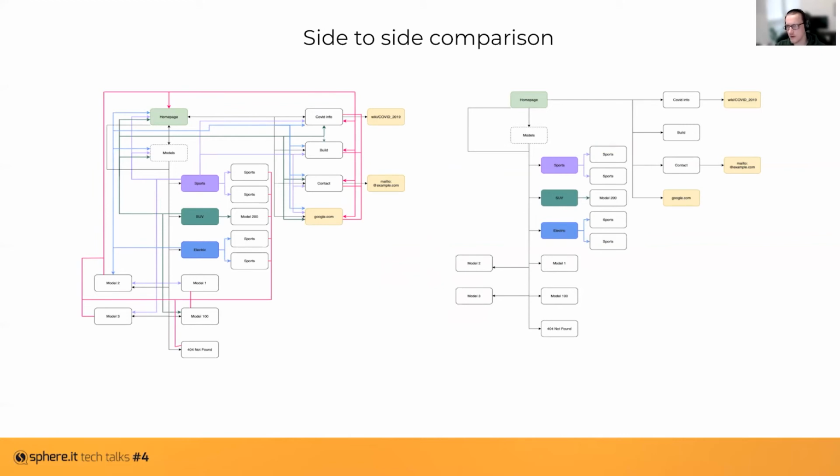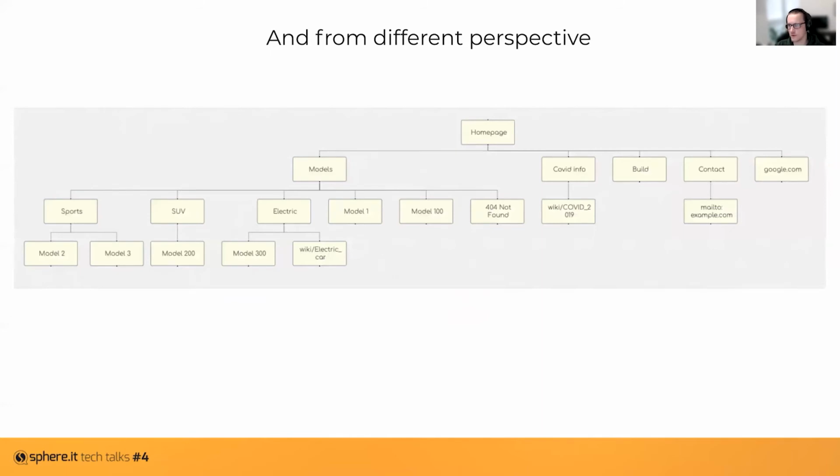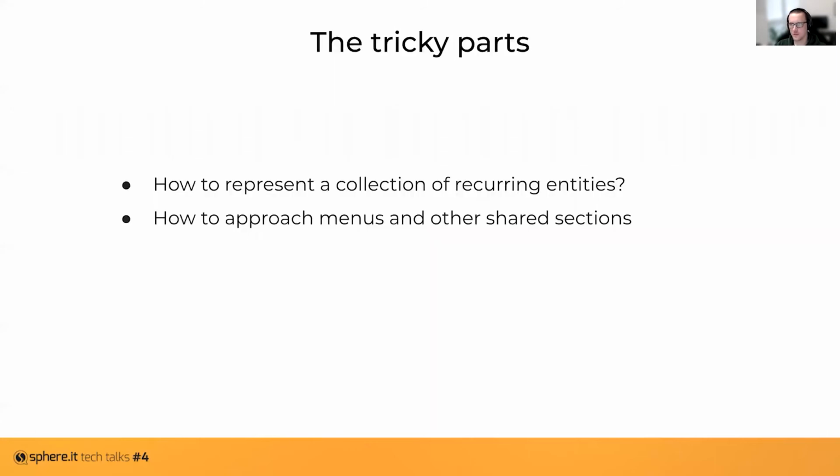As you can see, the tree on the right side of the screen is much simpler, much less complicated. And from a different perspective, if we rearrange the entities, we can produce a nice tree structure without any duplicates, recurrences, and so on.